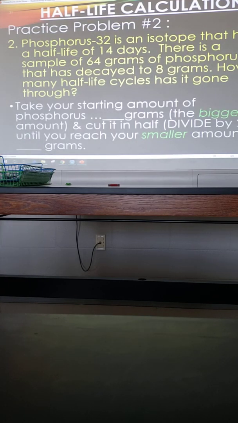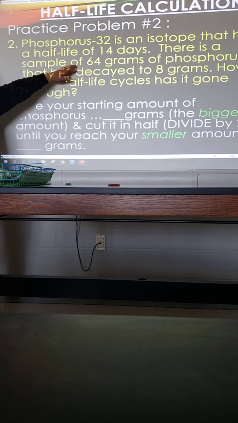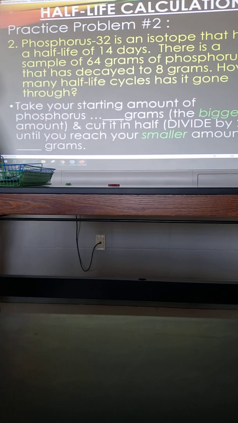Okay, so take your starting amount of phosphorus, so the big one. So what's our big amount? Selena, for this problem, what's the big amount? Is it 64 grams or 8 grams? 64. Good, so the 64 grams is the bigger amount, and we're gonna cut it in half, which is dividing by 2, until you reach the smaller amount.